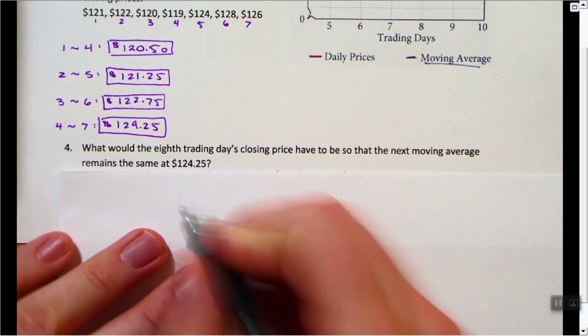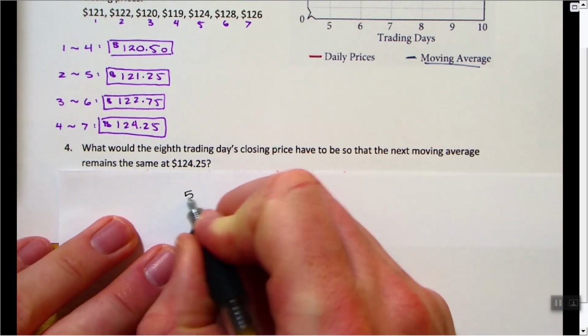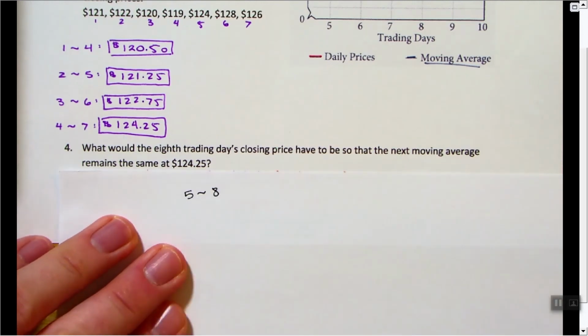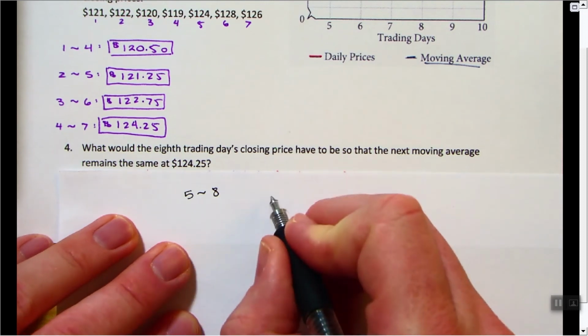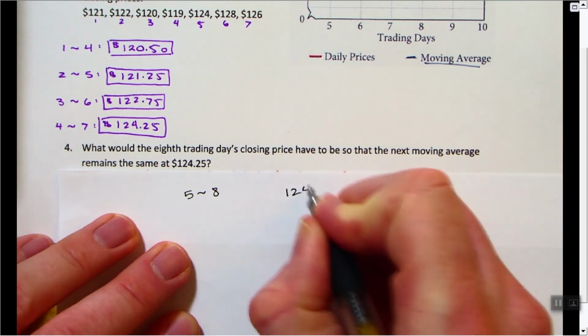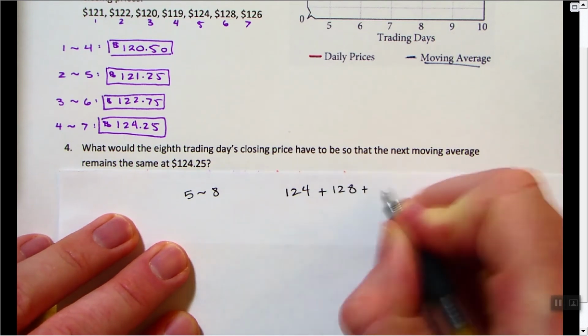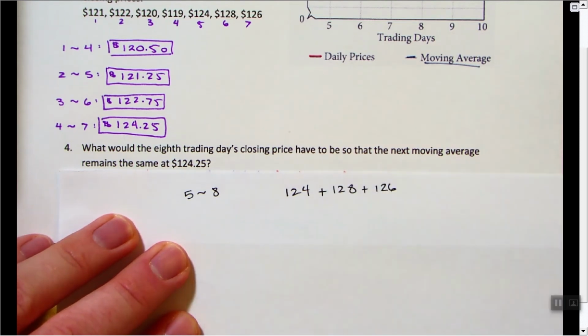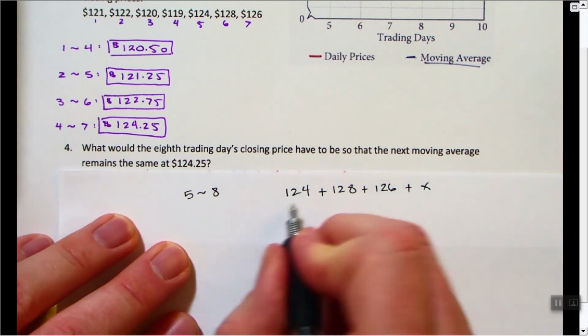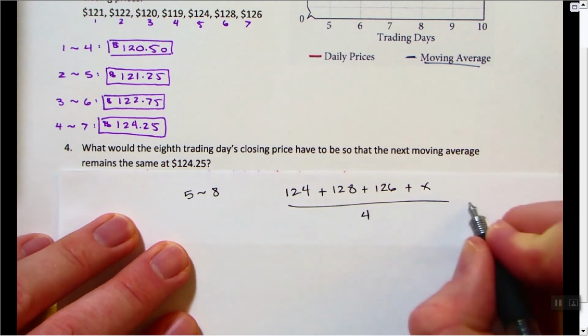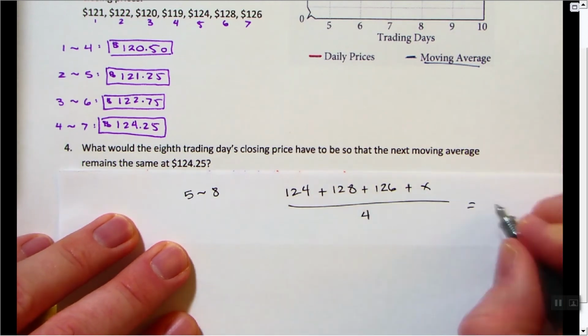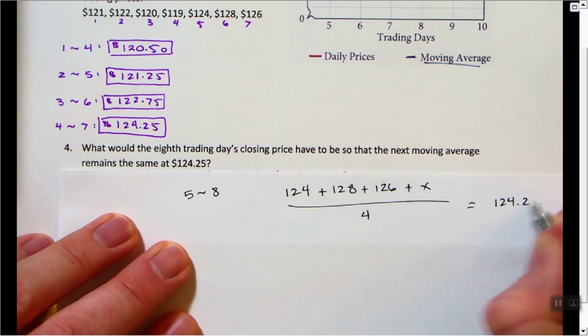For the 5th through the 8th day, the 5th is 124, plus the 6th day is 128, plus the 7th day is 126, plus, I don't know what the next one is, that's x, divided by 4 is equal to the average of 124.25. Okay, now, how do you solve for x?